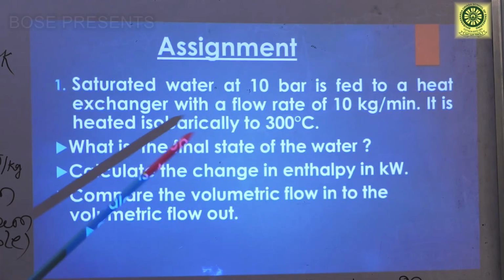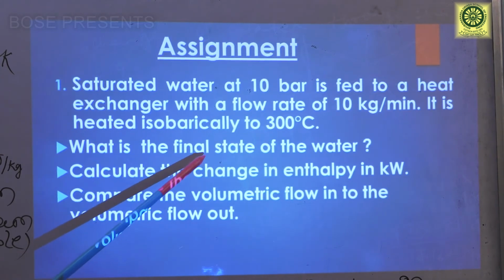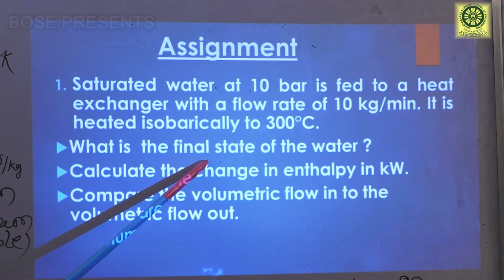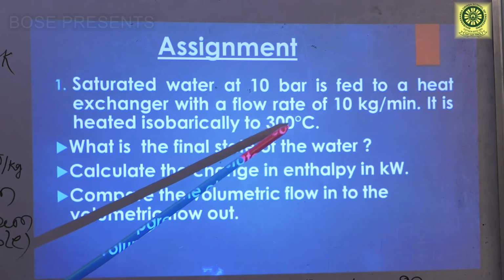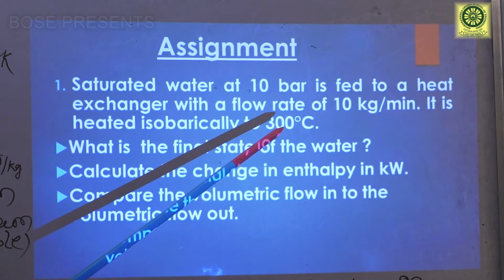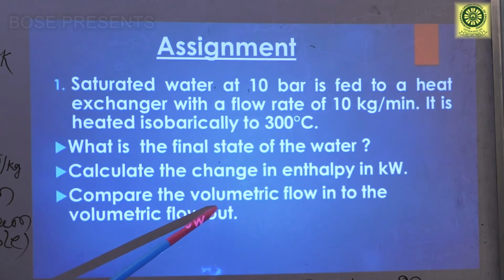Then it is given that it is heated isobarically to 300 degrees centigrade. Then what is the final state? The final state of the water means what will be the final condition of the steam at this 300 degrees centigrade. Is it superheated, or wet, or dry saturated? You have to find out that condition. Then calculate the change in enthalpy, then the volumetric flow.